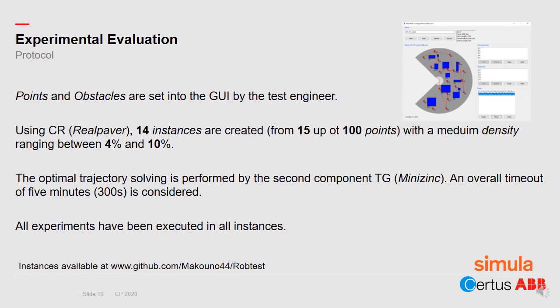If in 5 minutes the optimal solution is not returned, we get the current solution. All these experiments have been executed on all instances, but for the sake of simplicity, we present only the results on one instance, which is representative for all solutions.